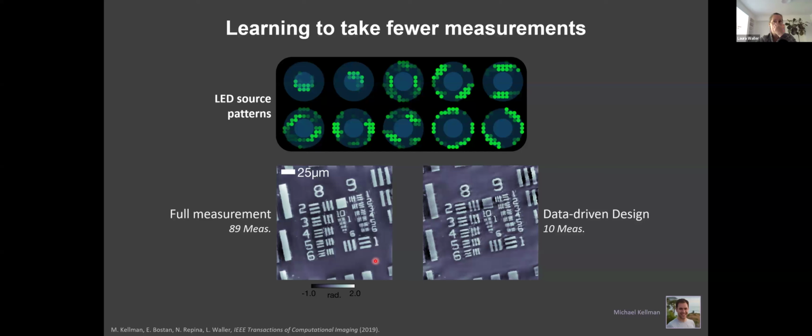We get this result. If we just drop to 10 measurements, I didn't show it here, but you would just get worthless results from 1 LED at a time. But when we use this pattern of 10 different measurements taken with these LED array patterns, then we can still get a pretty good result with just 10 measurements. So we can get huge speed up factors by optimizing the patterning.